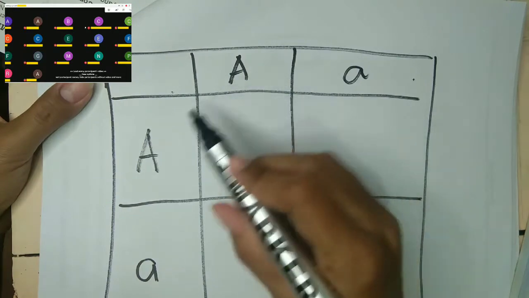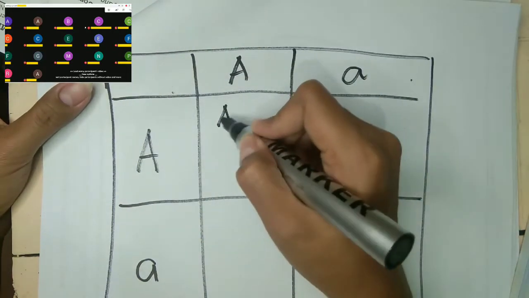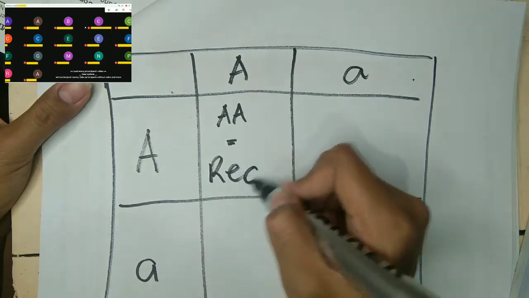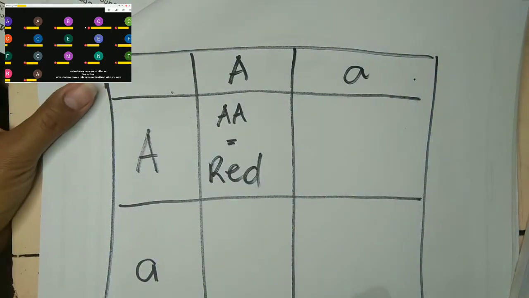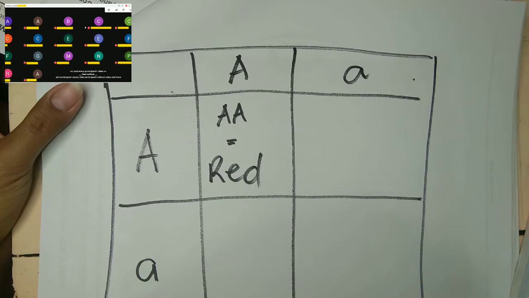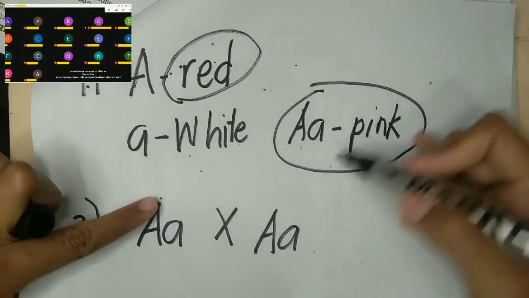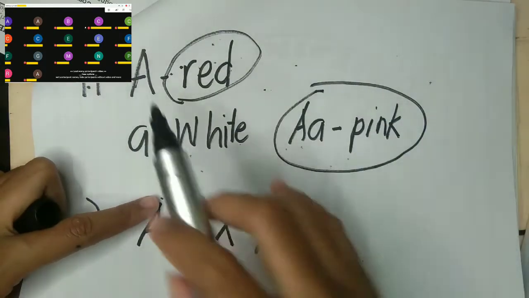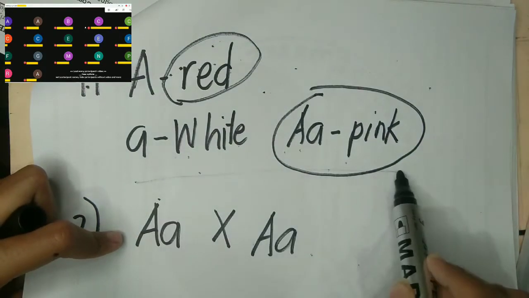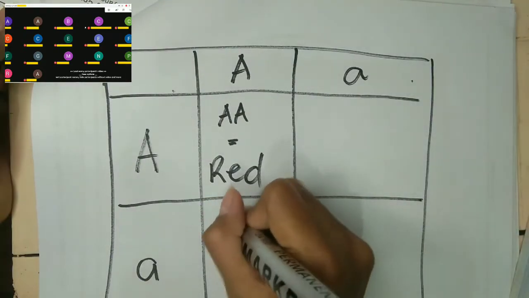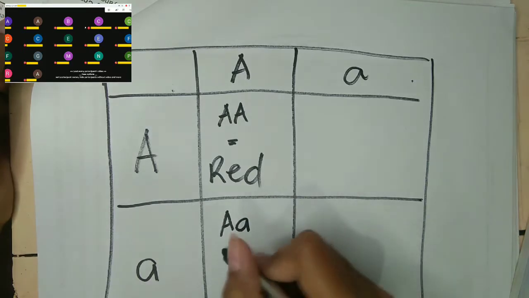We have, of course, color red, since it is a dominant allele. Next, we cross between the dominant and the recessive trait. We have a result of pink. Okay, very good.